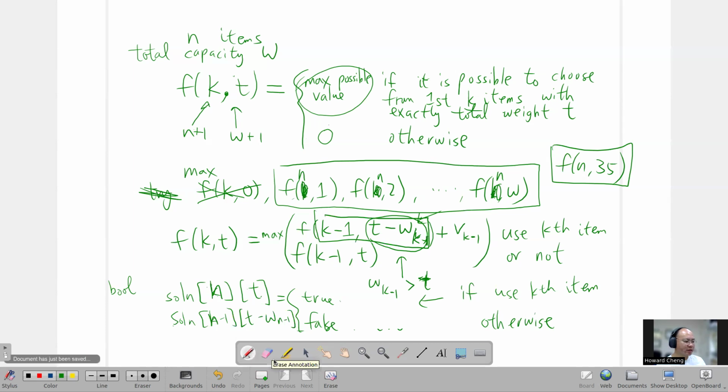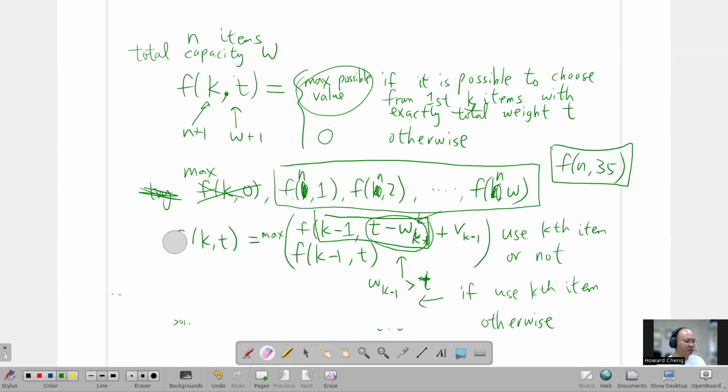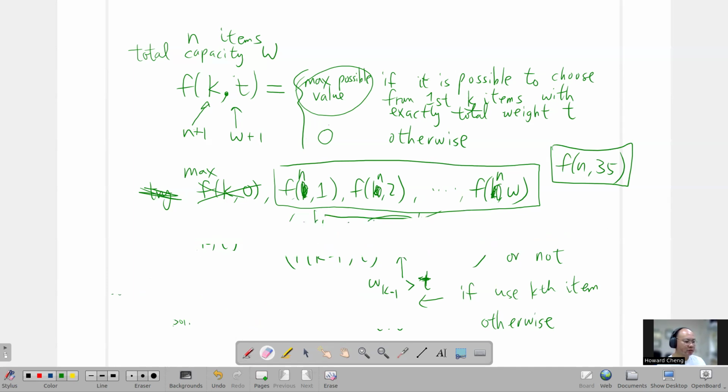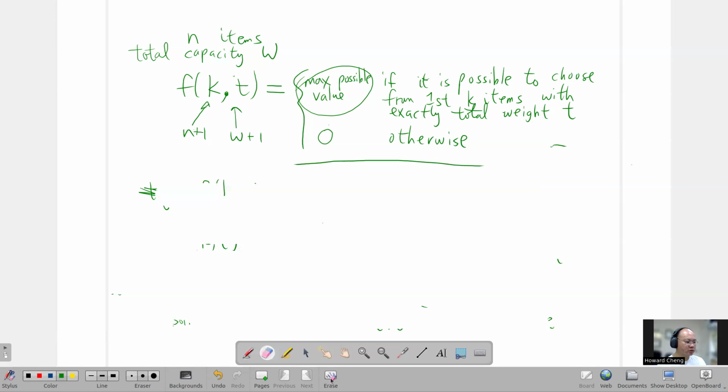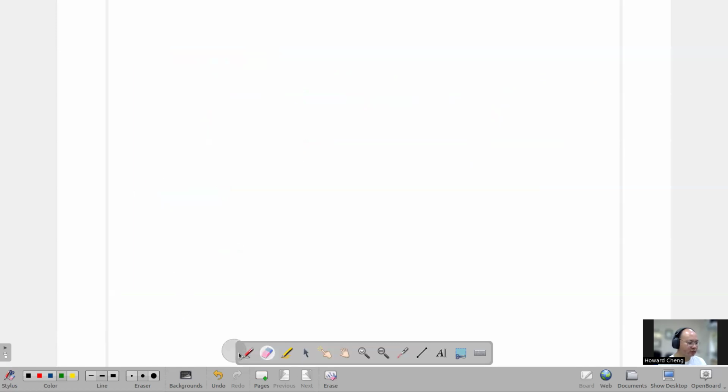Okay, now there's another version of the problem. I said count the number of ways you do something. So count the number of ways you can form the sum. Actually, maybe it's easier just for me to erase everything and start writing.